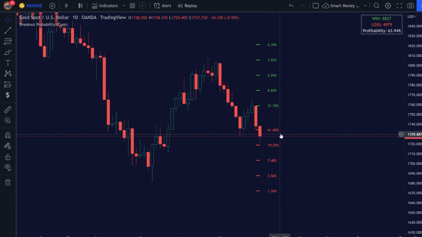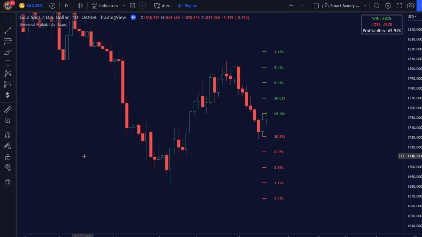And as we can see, the price is now below this previous low. So basically those lines and the percentage value correspond to the probability that the price hits or crosses those levels.